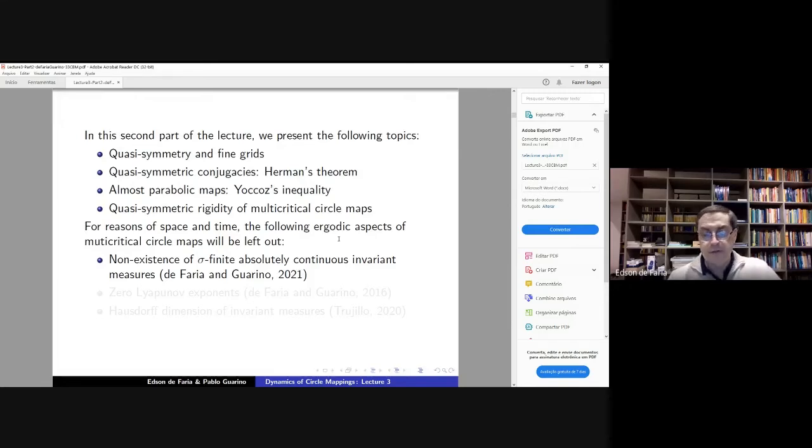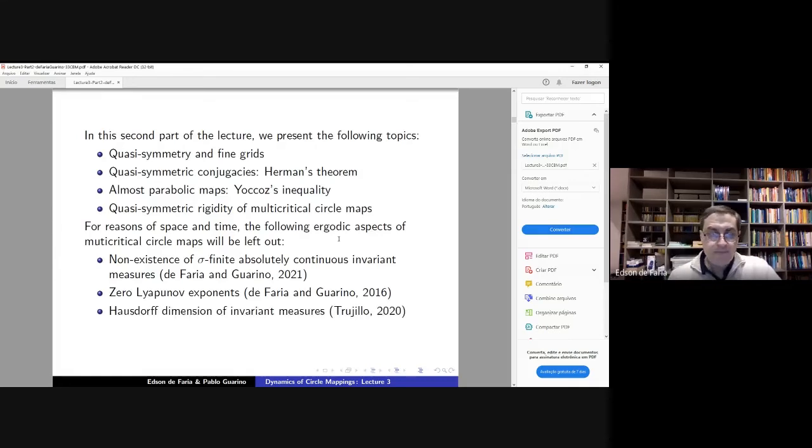This is a very recent paper. It uses a criterion due to Katznelson. Earlier, a few years ago, Pablo and I proved this fact, which is kind of natural, but there was no known proof of it. So we showed that these maps actually have zero Lyapunov exponents.